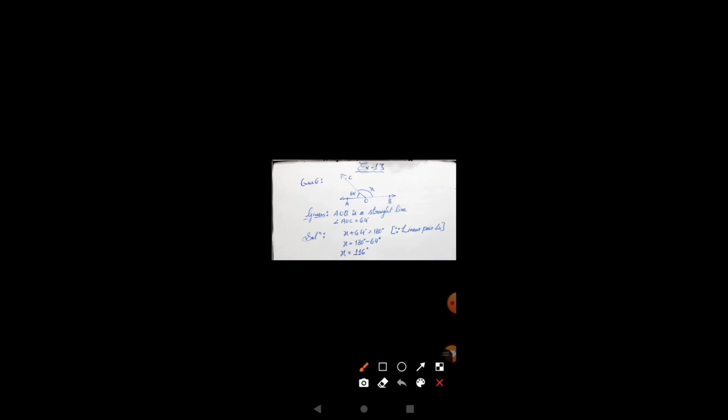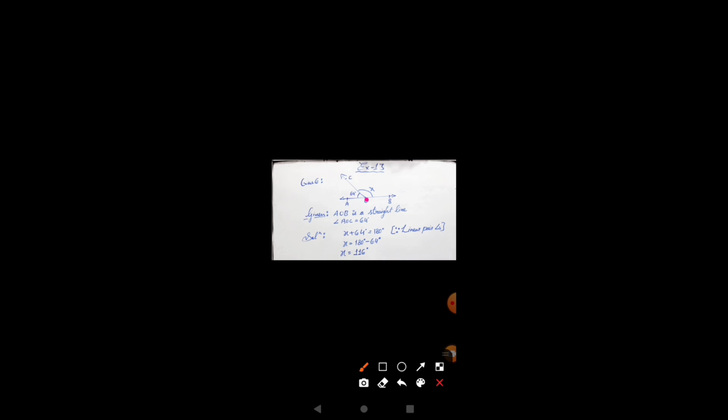First we will write whatever is given in the question. It is given AOB is a straight line and angle AOC is equal to 64 degrees, and we need to find the value of this x, meaning we need to find the measure of this angle BOC. So we can see these angles are adjacent angles first of all, having the same vertex and a common arm.